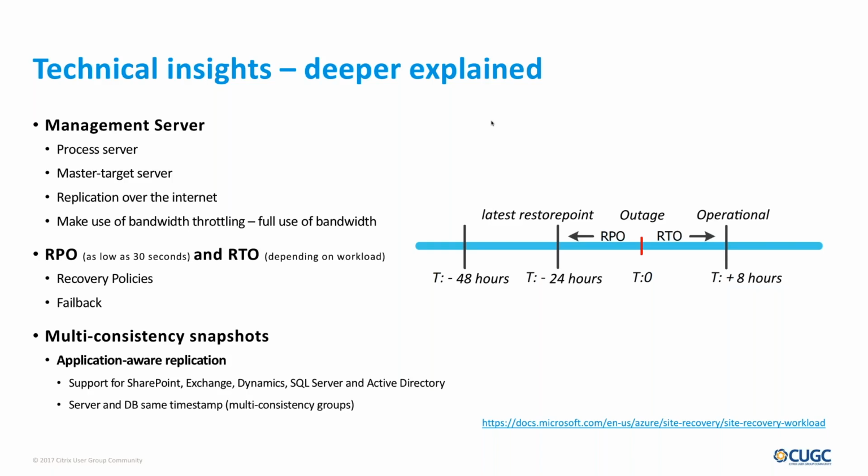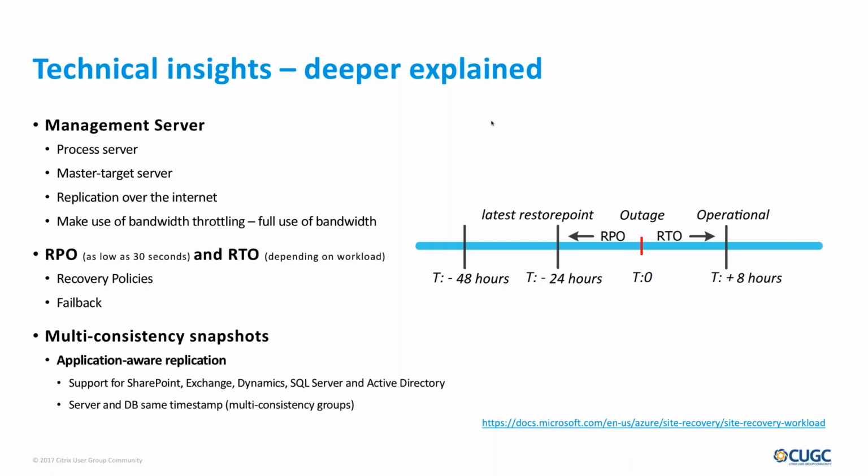That management server can be virtual or physical, whatever you want, but it needs to be available in your on-premise network, and it connects to the actual vCenter server for activating the replication between your virtual machines in VMware, for example, to Microsoft Azure.